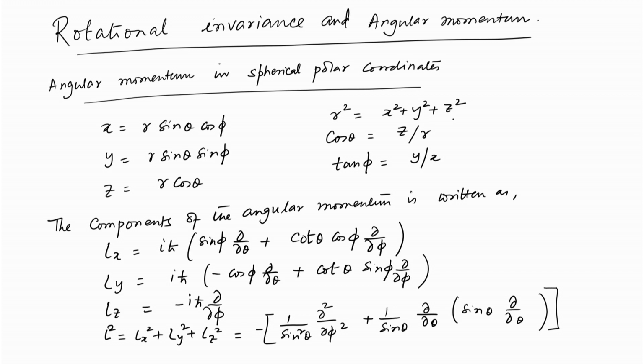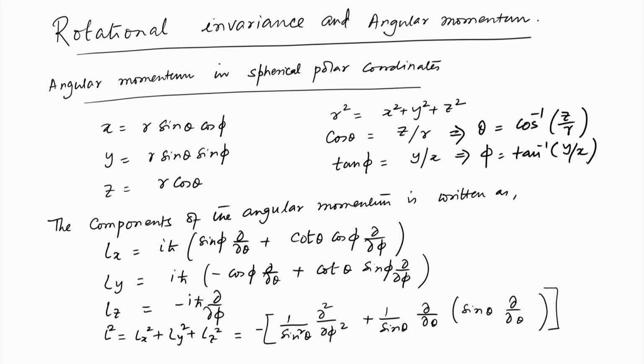This is known. This is the norm of the vector, or rather the magnitude of the vector. Cos theta is given by z by r, which defines theta, so theta is equal to cos inverse z by r, and of course, tan phi equal to y by x, which says that phi equal to tan inverse y by x, and these are the interrelationships between the variables in Cartesian coordinates and the spherical polar coordinates.